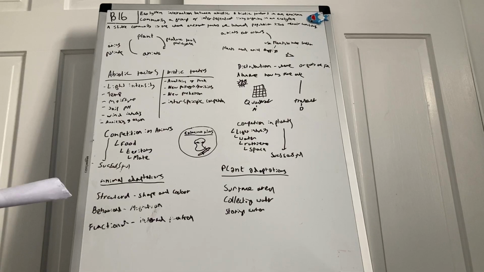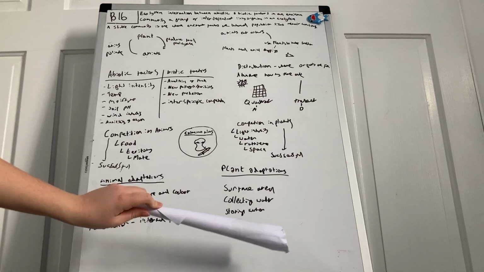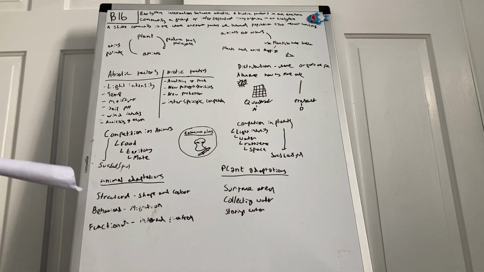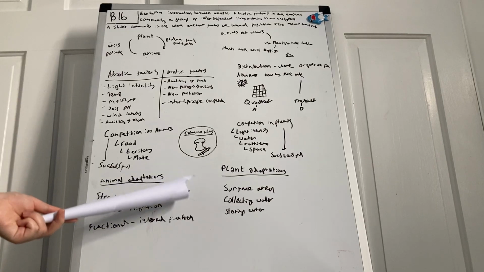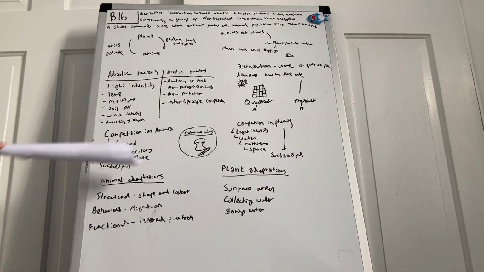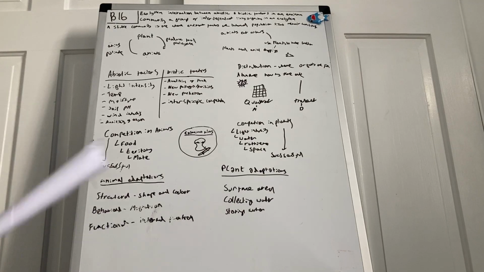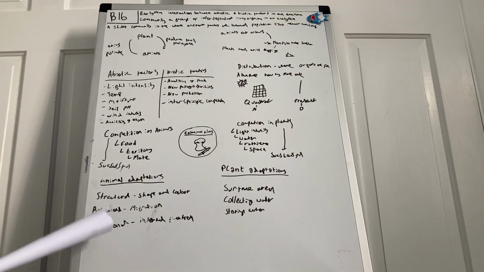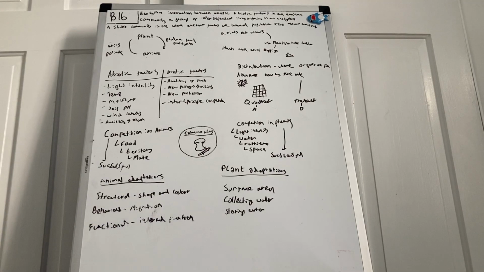Now, there are three different types of adaptations which apply for both animals and plants. They fall under these three categories. Structural, so it's the shape and colour of an organism. Behavioural, which is the behaviours that the organism exhibits. For example, I put down here migration. Migration is a really good one.